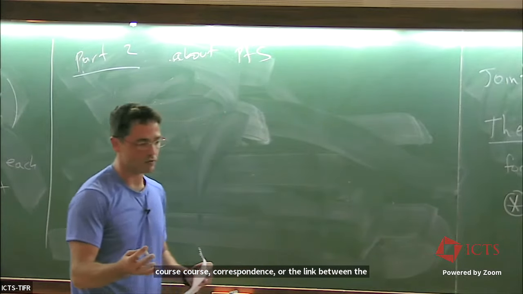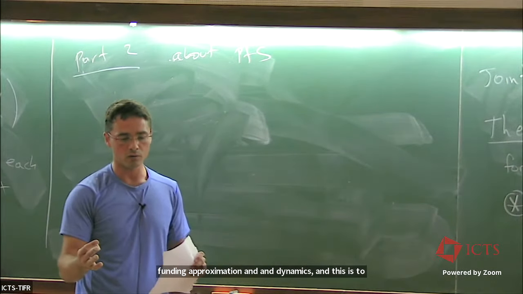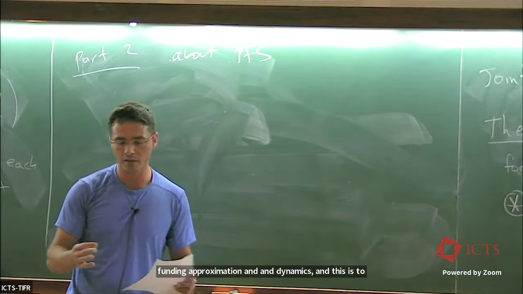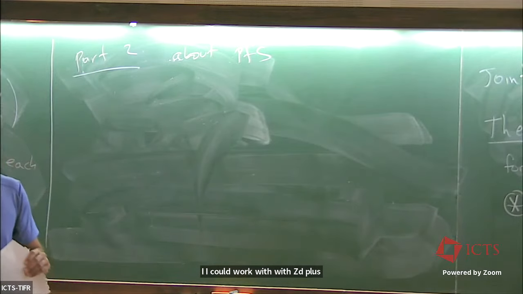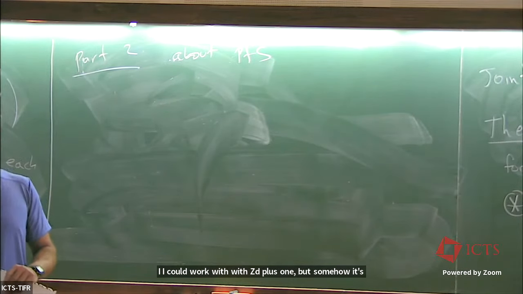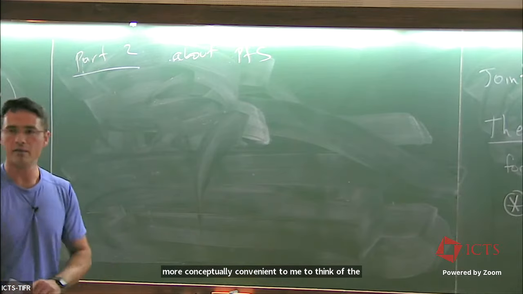This is to do a change of coordinates, instead of working with ZD plus 1 as a fixed lattice with which I want to approximate lines. Maybe the introduction was too harsh. I could work with ZD plus 1, but somehow it's more conceptually convenient to me to think of the direction theta 1 as fixed.